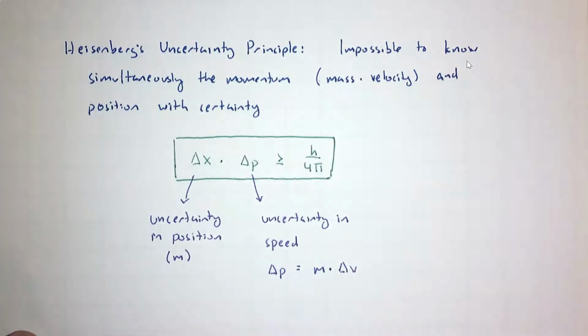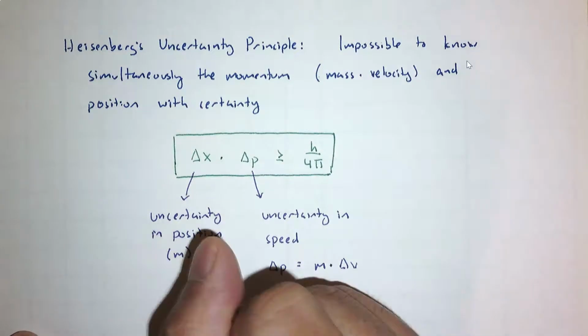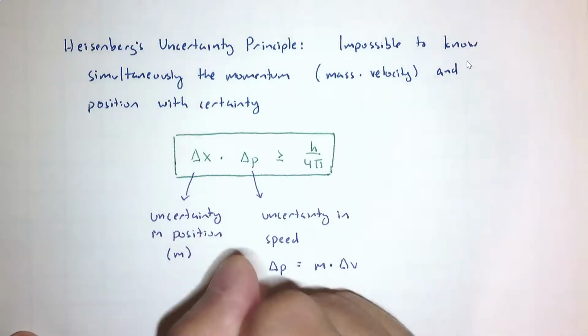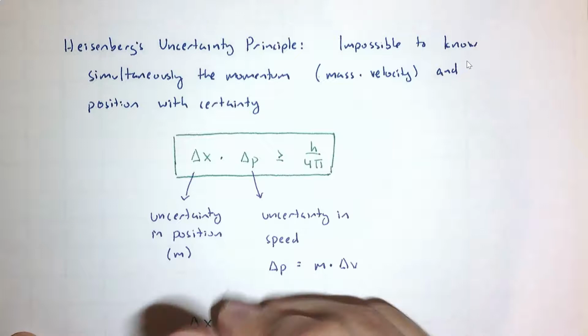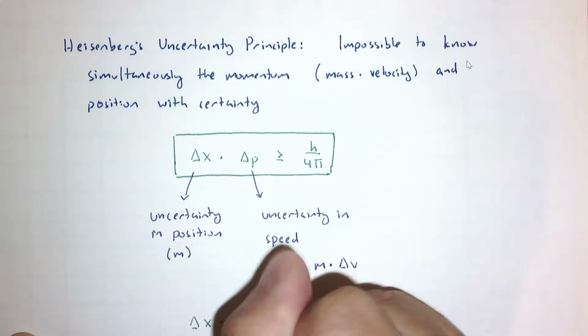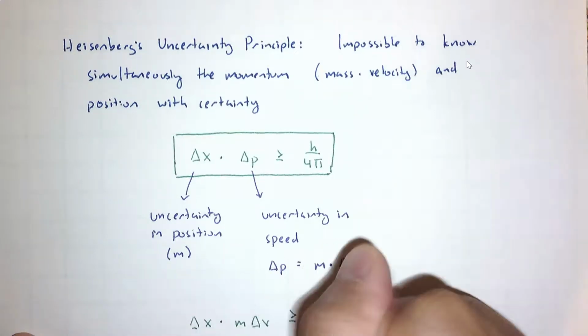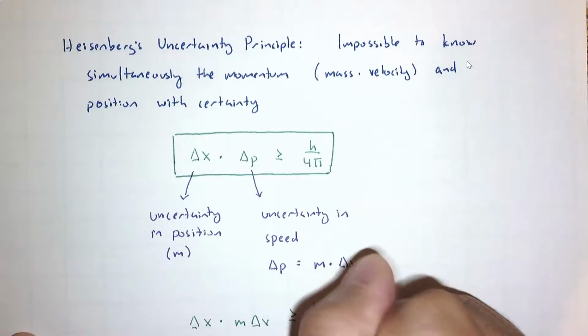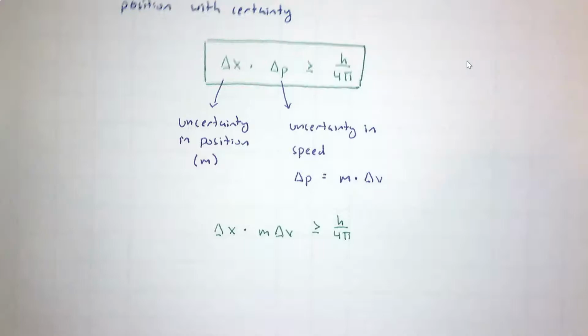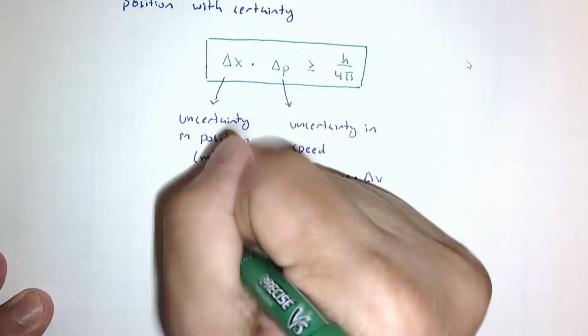Okay. Let me rewrite this, actually. The equation that we'll be using is this, m, okay, and let me square it off.